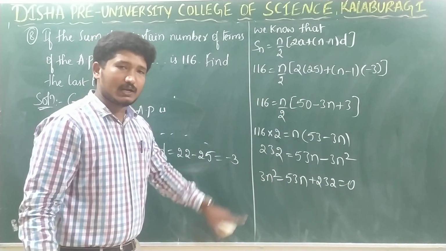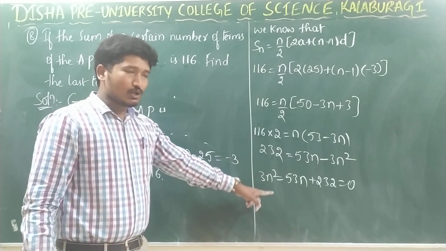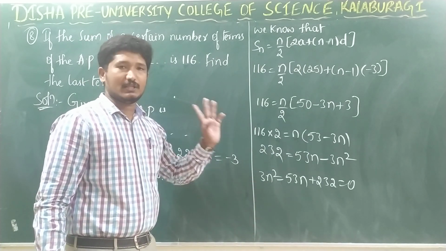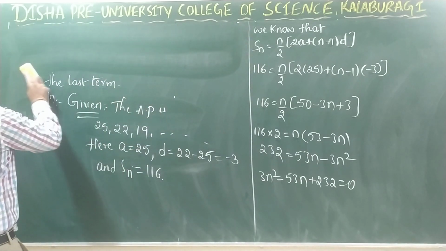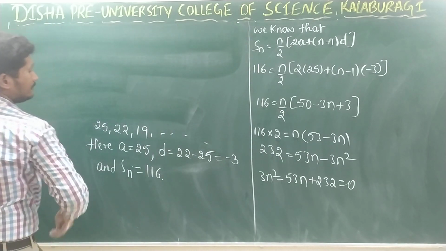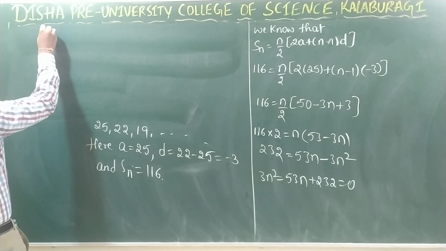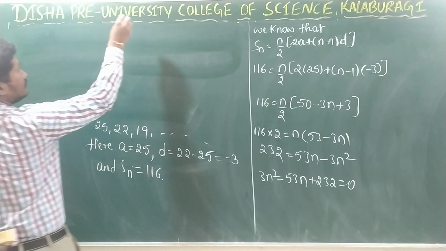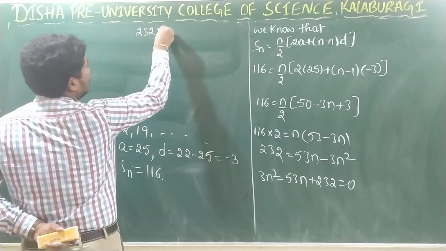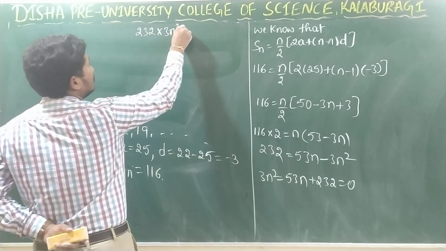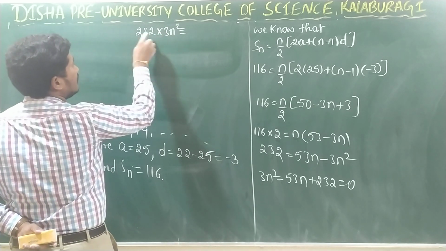So this is the quadratic equation. So we know how to solve the quadratic equation and let us obtain the value of N. So how will we obtain that? See, 232 into 3N square. So this will be what? 3 2s are 6, 3 3s are 9, 3 2s are 6.